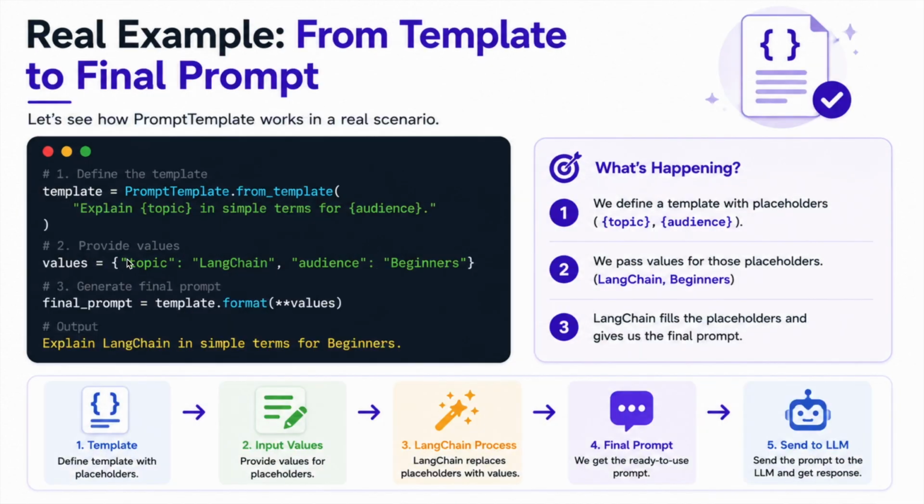Here is another example where we are passing a dictionary with key and value pairs, where topic is the key, which is a custom parameter, and LangChain is the value. Then audience is the key and beginners is the value. When we call template.format, it constructs a dynamic string out of it, and then that final prompt you can pass directly to your LLM application.